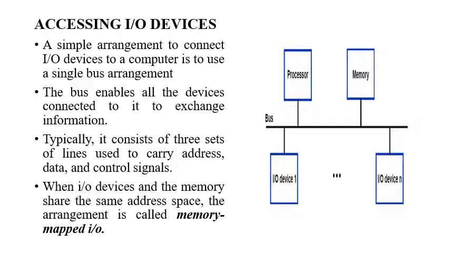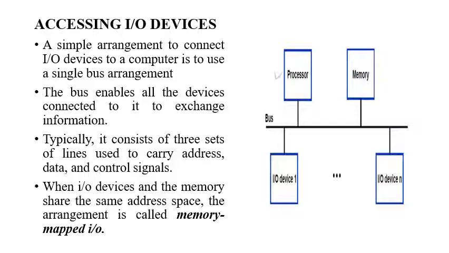So here, a simple arrangement to connect the IO device to a computer is to use a single bus arrangement. We had discussed the single bus arrangement, where all the blocks of the computer system are connected using a single bus. The bus enables all the devices connected to it to exchange information.